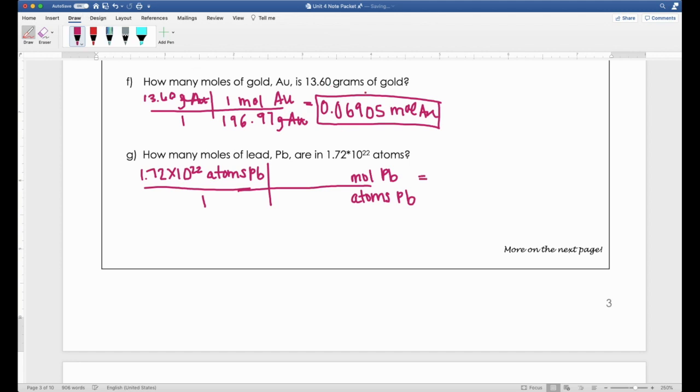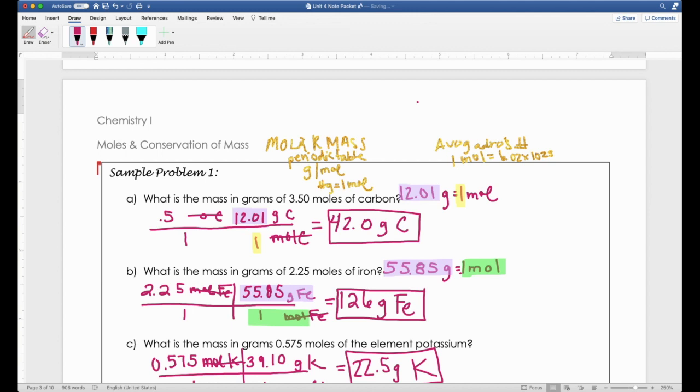Now let's go back up here just to look. We care in this case about the number of atoms. And remember, an atom is a type of particle. So 1 mole of anything contains 6.02 times 10 to the 23rd things. Here, we're going to have to use Avogadro's number as a conversion factor.